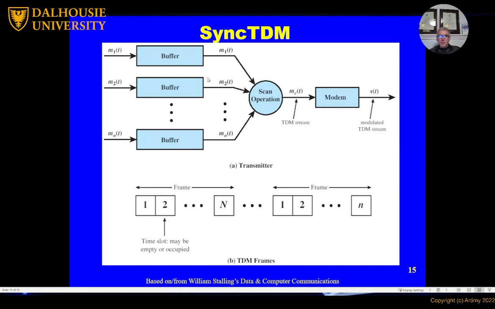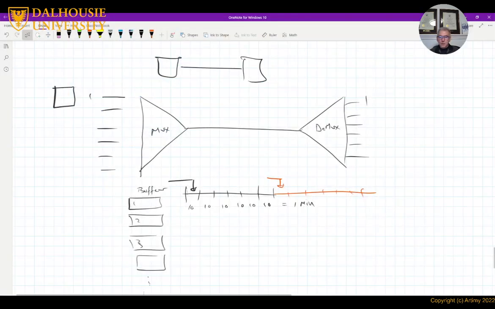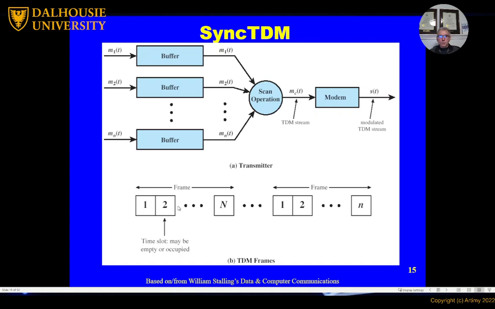So 10 seconds here, 10 seconds here, 10 seconds here, and so on, or whatever the time is, until the cycle is over, and then it goes back again to the first buffer and so on. I call this period from the start to the end a cycle. We can call it also a frame. So each frame will include multiple slots.